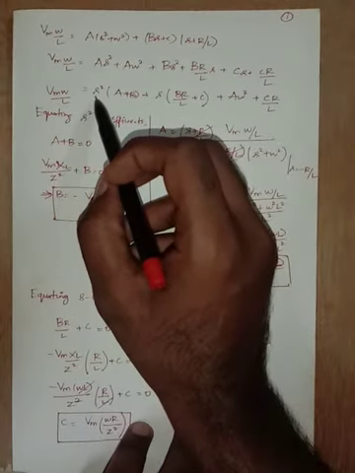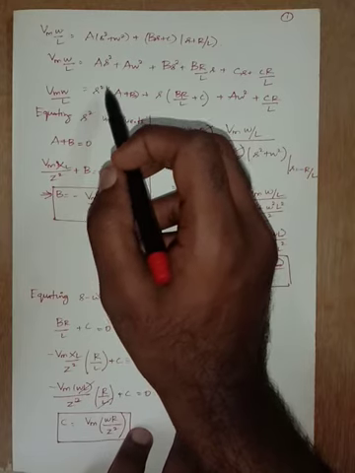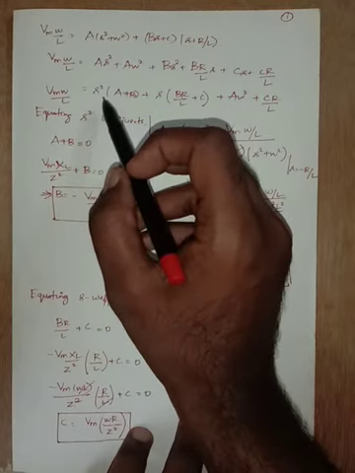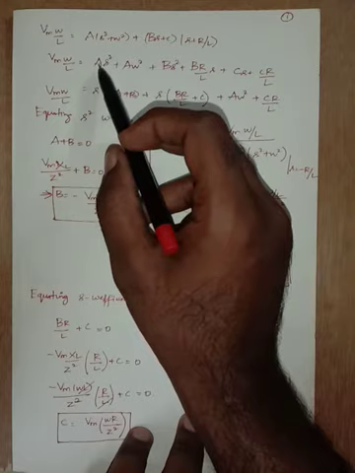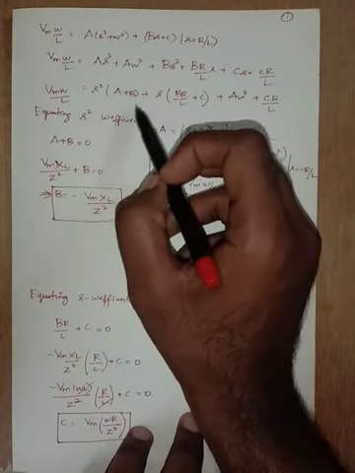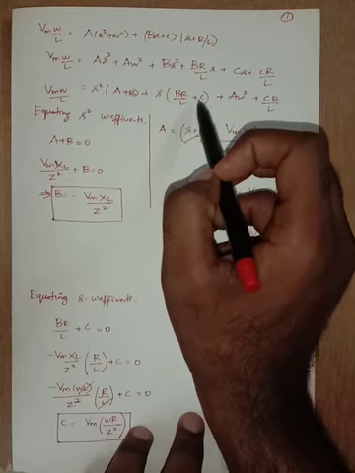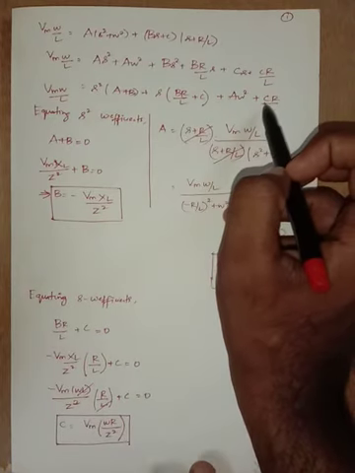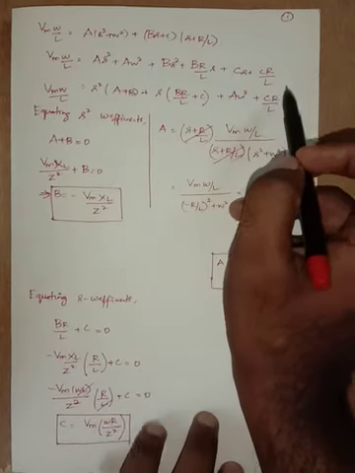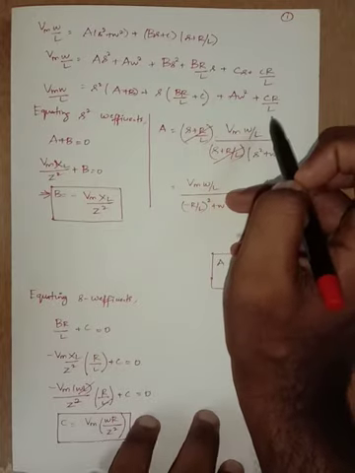Now I'll group all the s square, s and constant terms. The s square terms give s square into A plus B. Similarly the s terms give B R by L plus C. These are the constant terms: A omega square plus C R by L.